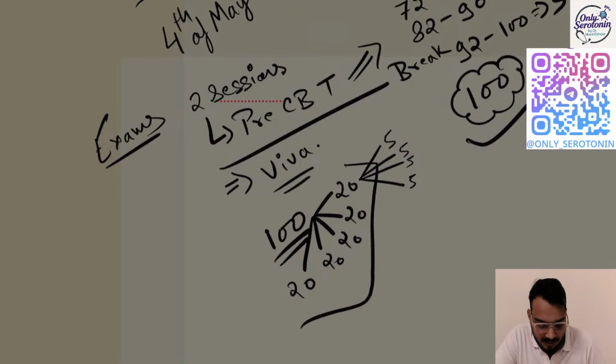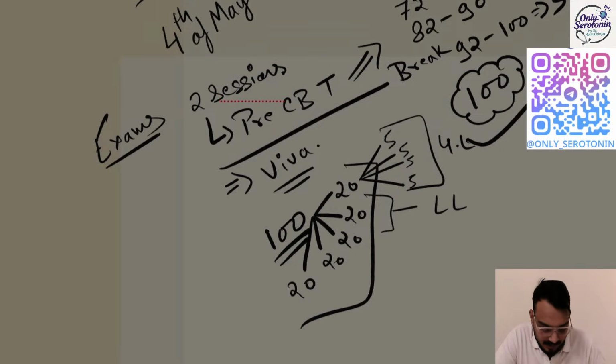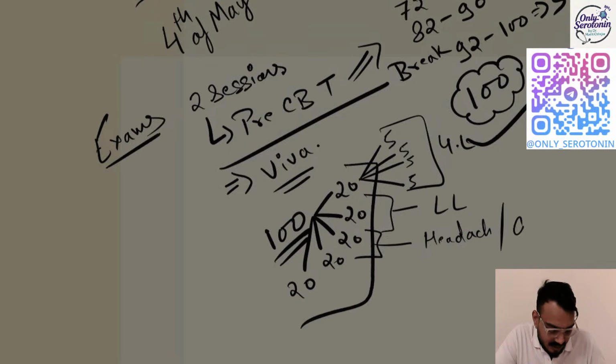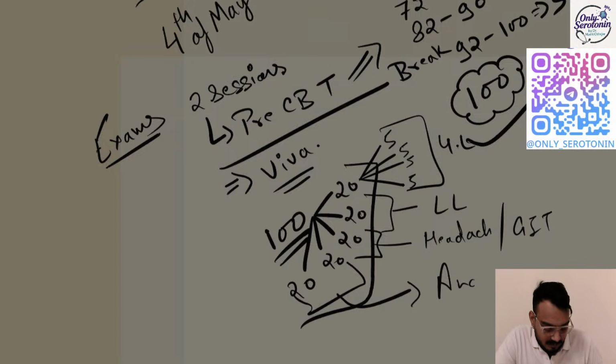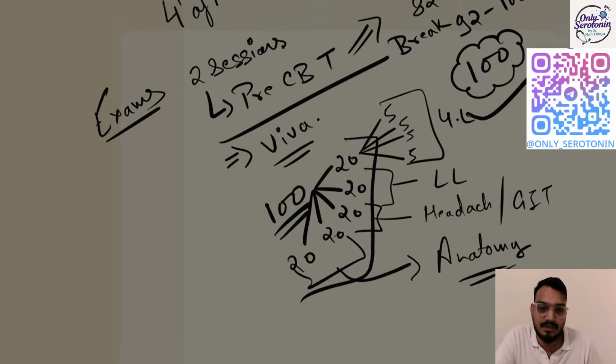In these 4 questions, I will ask you upper limb. Then in the next 4 questions, maybe lower limb. Then in the next, I can ask you head and neck or the GIT. And in these questions, I will make you revise your anatomy. Okay, that's how we are going to have this paper.